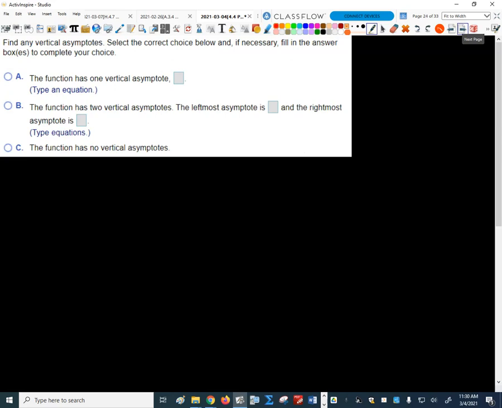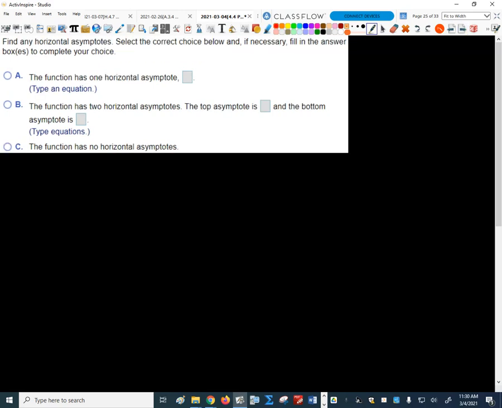Vertical asymptotes. There were no vertical asymptotes. Horizontal asymptotes. Yeah, it had one horizontal asymptote, and that was y equals 1. Okay, so far so good. Give me 1 to 5.